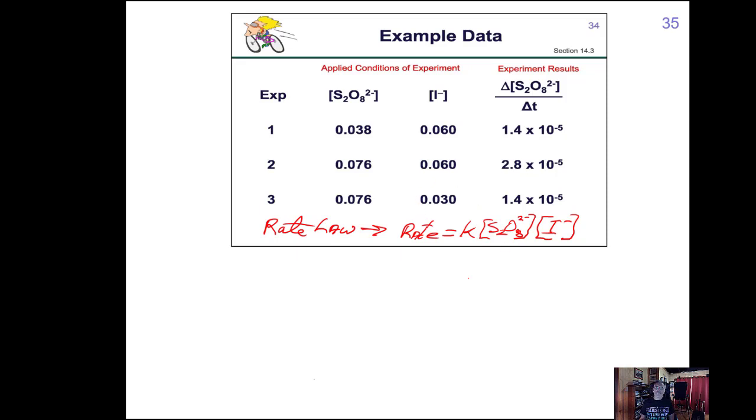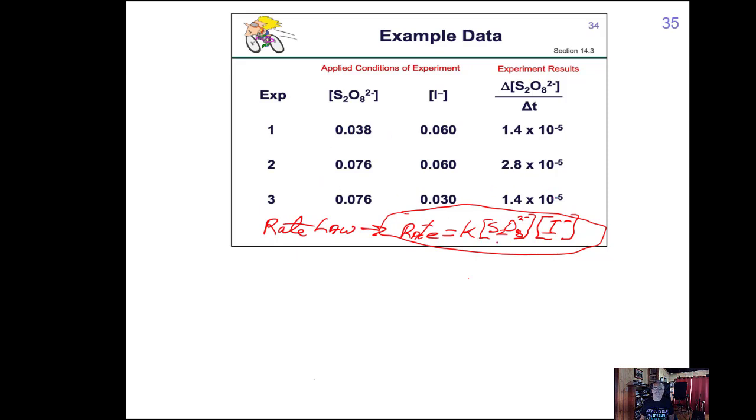So this is the rate law. This is what determines the relationship between concentration and rate. And so this rate law will apply to any of our experiments. So we can simply solve for the rate constant using any of the experimental data.